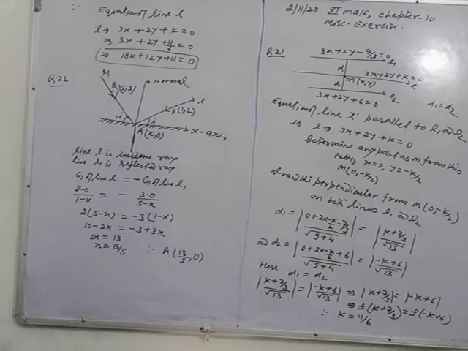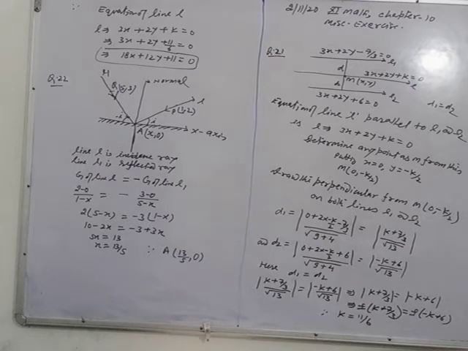So on L2 the D2 distance is minus k plus 6 upon root 30, after putting the coordinates and dividing by root of a square plus b square. A means 3, its square is 9, b is 4, its square is 4, so minus k plus 6 by root 30. So here D1 is equal to D2; apply D1 equal to D2 and solve it.